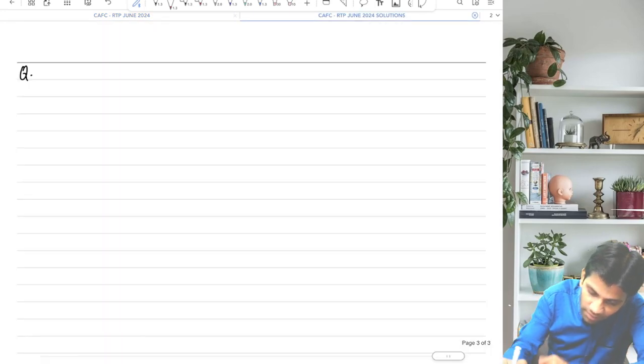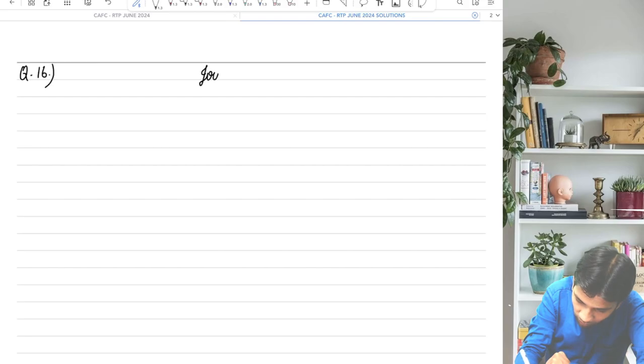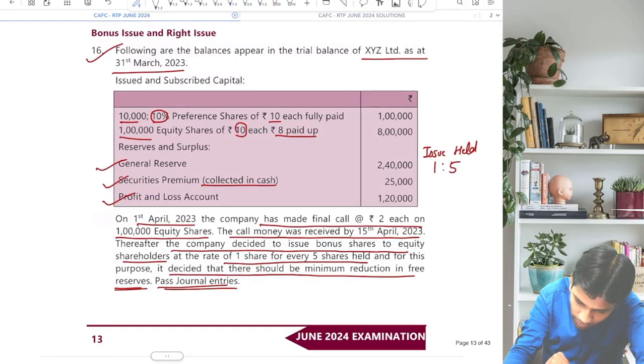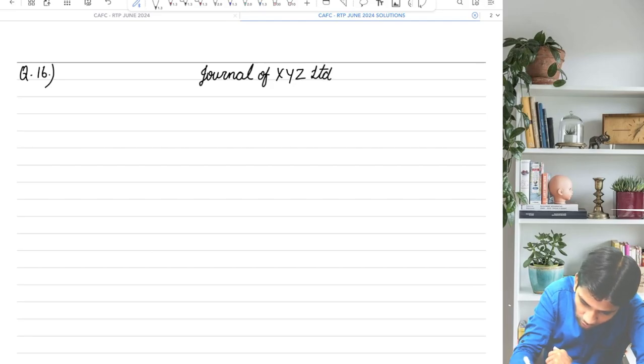Question number 16. Journal of, let's see the company's name, XYZ Limited. We'll draw the journal.